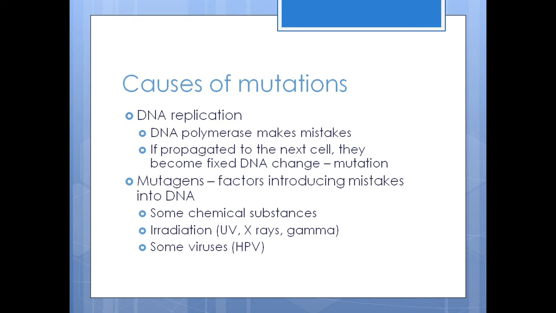But there is another group of factors which can lead to formation of mutations. They are called mutagens, various external factors which can knock some bases out of DNA or change their structure in such a way that later during replication the DNA sequence will be changed.